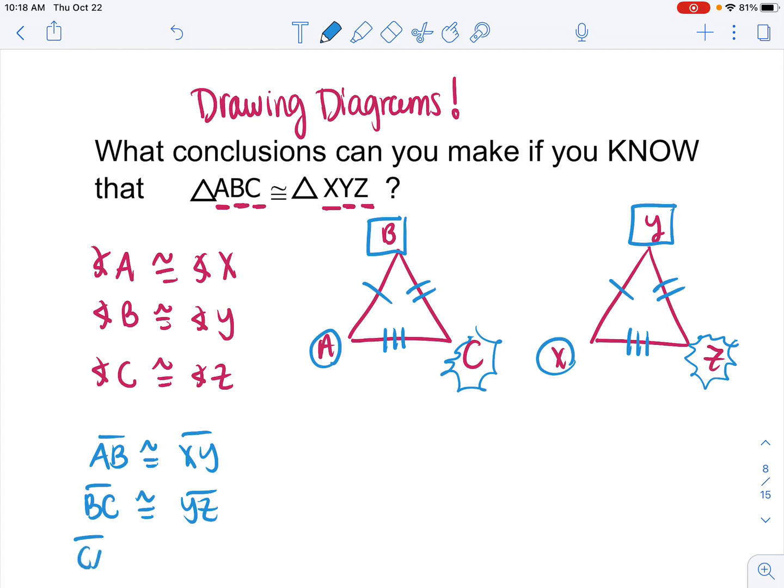And segment CA is congruent to segment ZX. So again, here are 1, 2, 3, 4, 5, 6 bits of information that we can gather from just knowing that these two triangles are congruent. And we know that they're congruent because it states it in the problem.